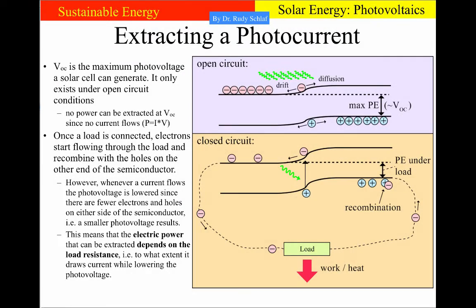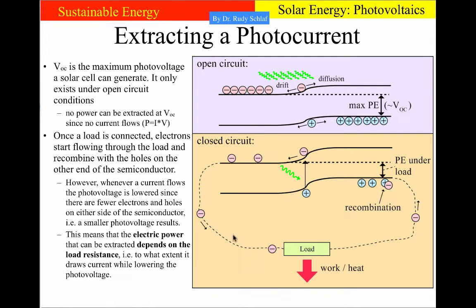So what happens if we connect a load and extract a current from this solar cell? As I just showed on the previous slide, in open circuit situation, at some point we get a steady state situation, and we get a maximum voltage that is on this solar cell.